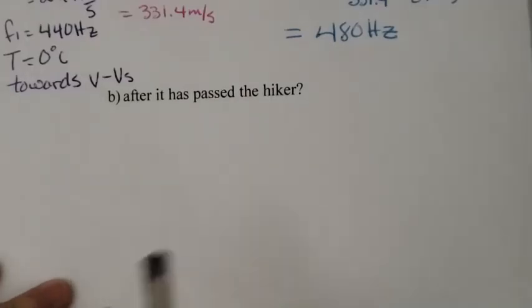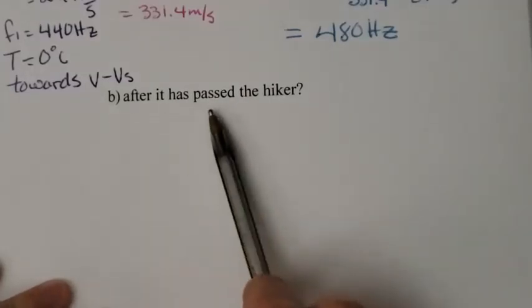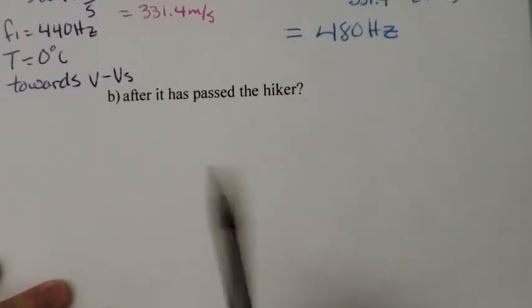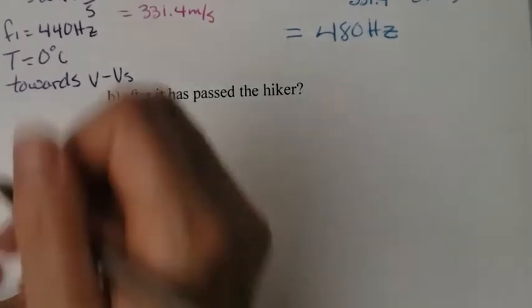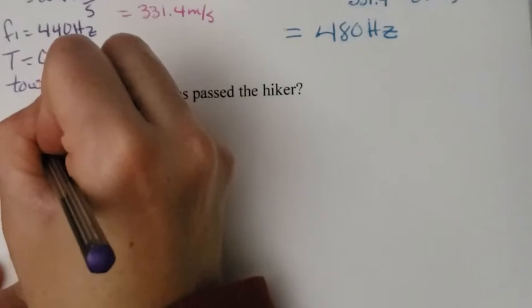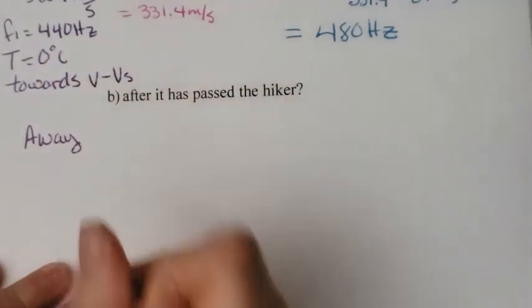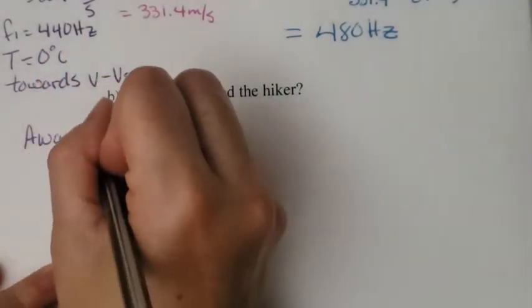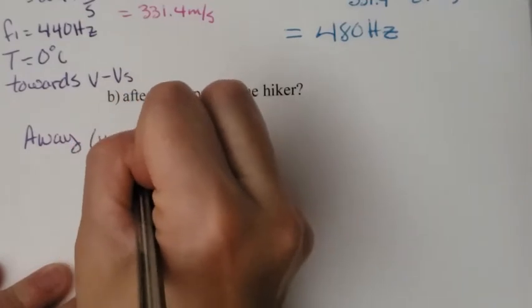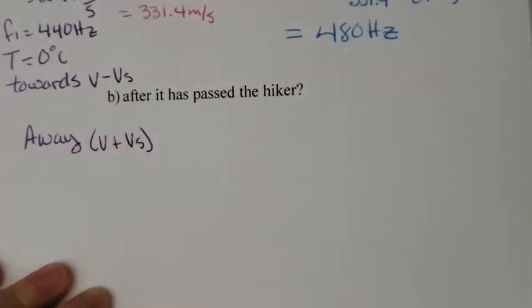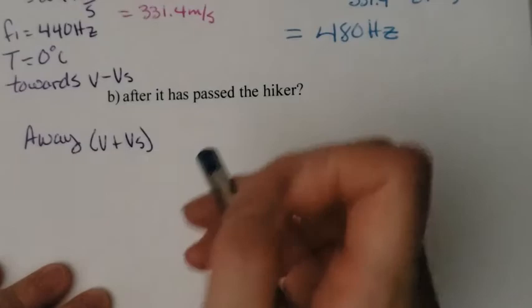Let's solve part B now. After the vehicle has passed the hiker, that means now it's traveling away. And we know when it's going away, we want to use the plus this time. So it's going to be V plus Vs. And the rest of the problem is exactly the same. It's very straightforward.